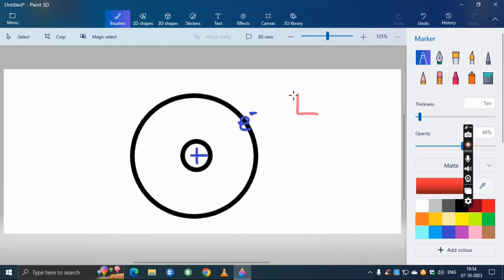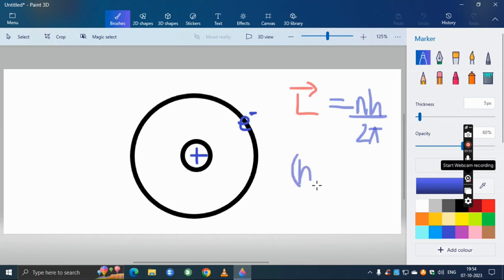It says that the angular momentum of an electron in any orbit, in the nth orbit, is given by nh by 2 pi. So the angular momentum should be an integral multiple of h by 2 pi, and h is called Planck's constant.